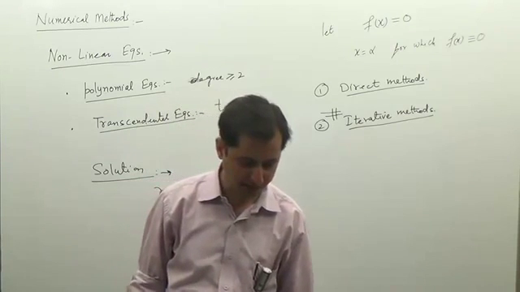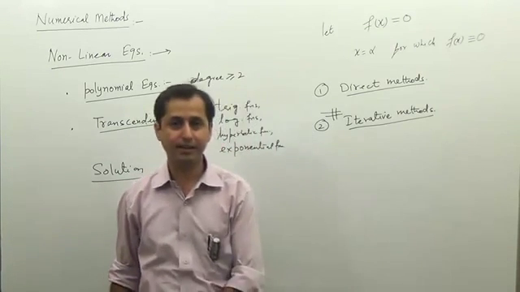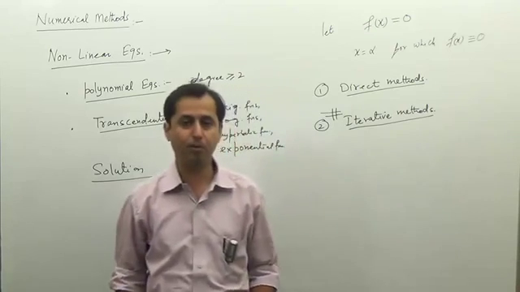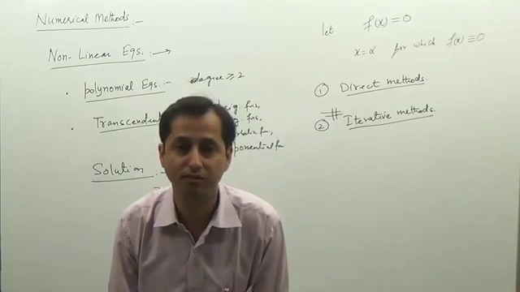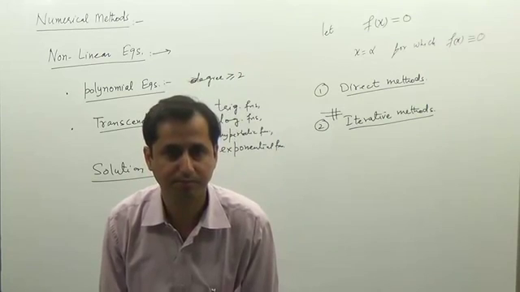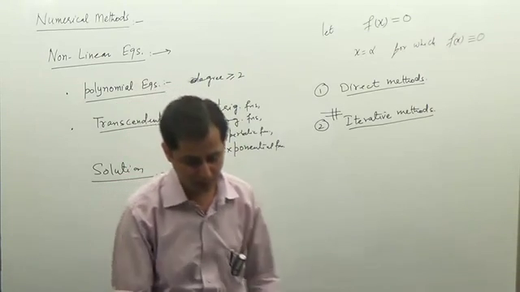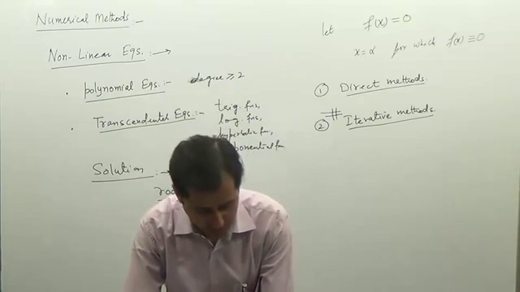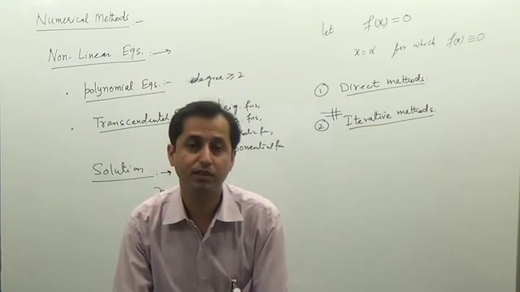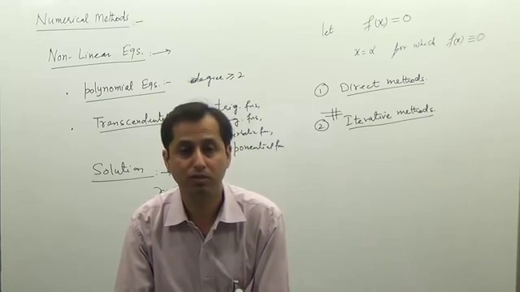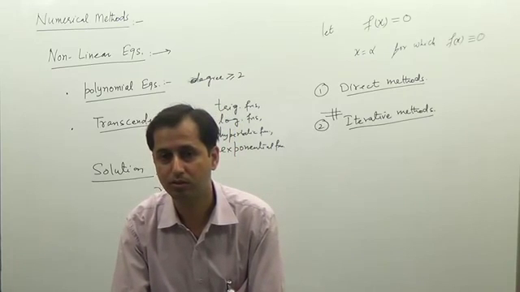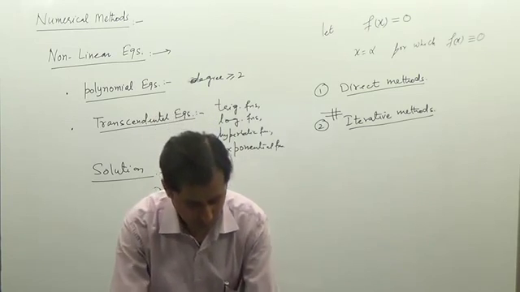When we use an iterative method, we get a sequence of approximations, or a sequence of iterations, which in the limit converges to the root.